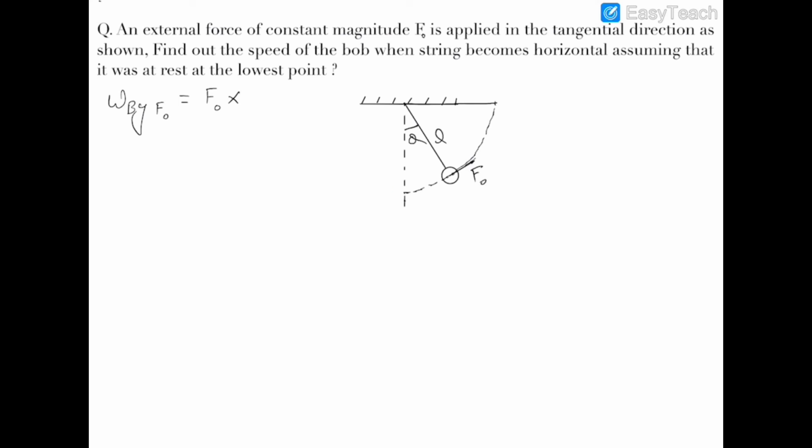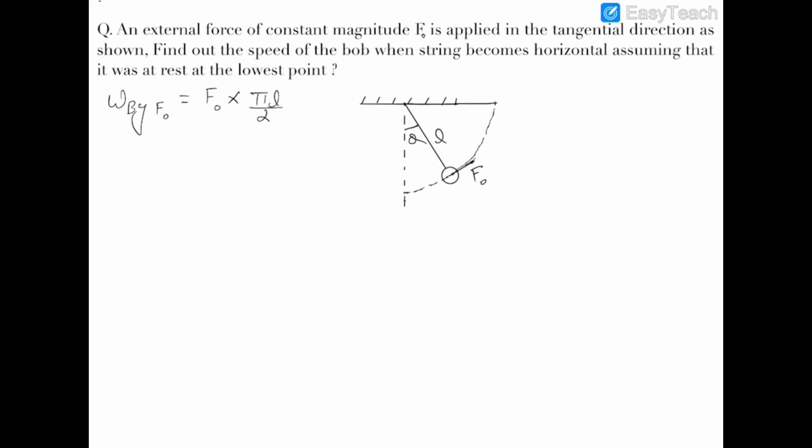So the distance with which we will multiply this will be the arc length of this 1/4 of circle, and this will be equal to pi L by 2, because L is the radius of the circle, and the perimeter of 1/4 circle is pi L by 2. So this is the work done by F naught.